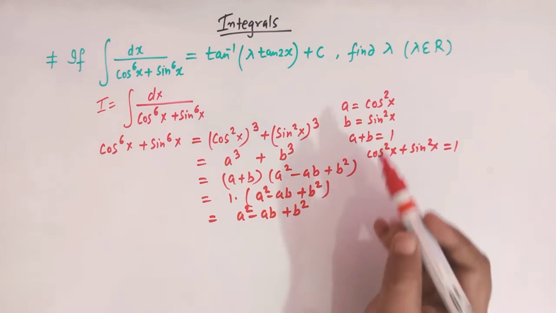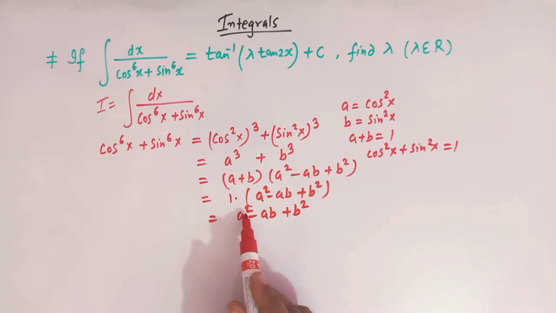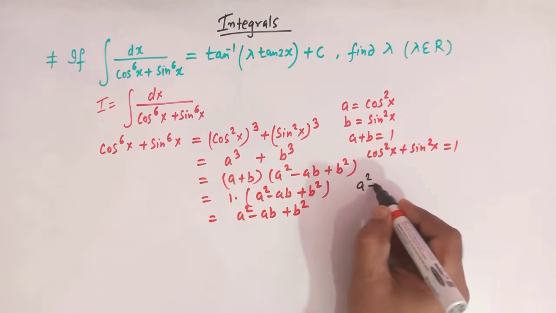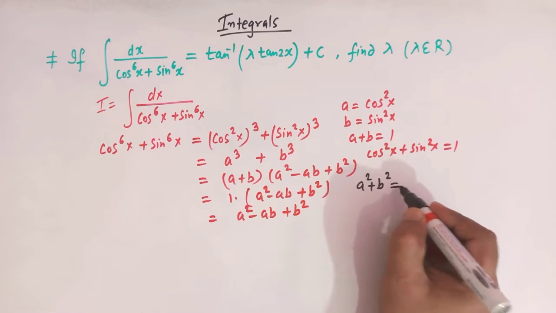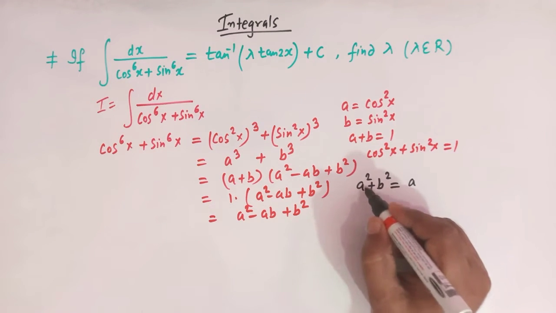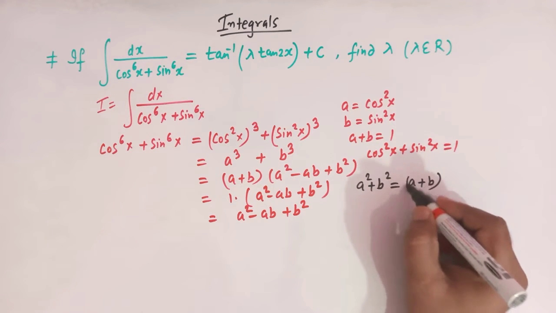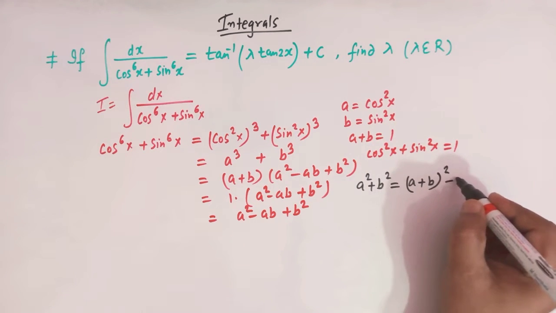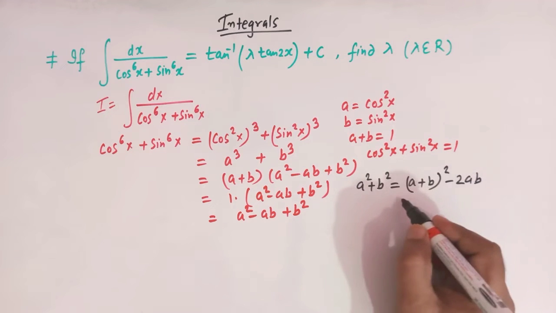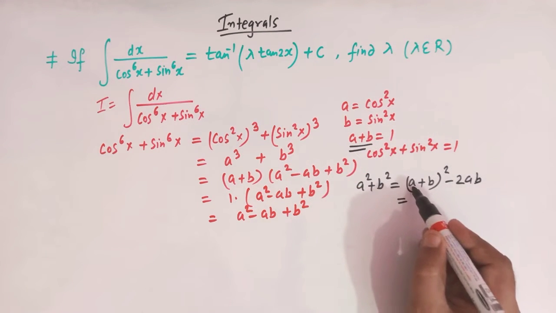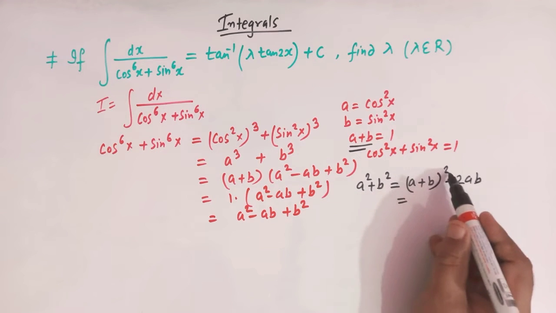Now let us first calculate the value of a square plus b square. We can write a square plus b square as a plus b whole square minus 2ab. We have just calculated that a plus b is 1, that is cos square x plus sine square x is 1.